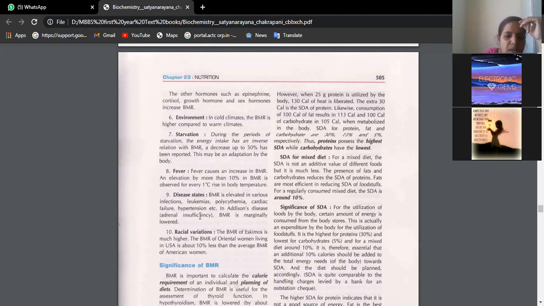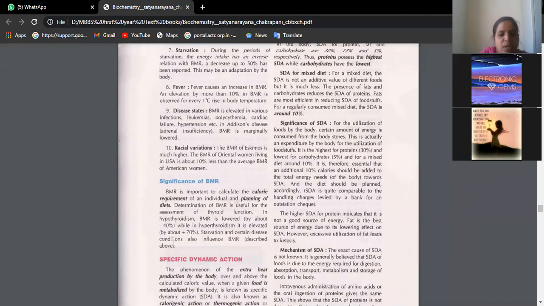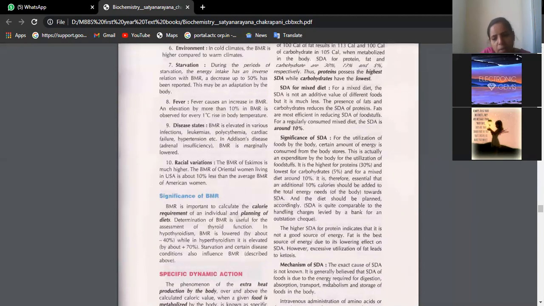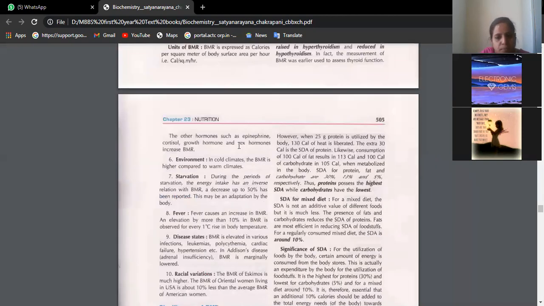Disease states: usually it will be high in many diseases wherever heat production is more, whereas in Addison's disease you will see it is marginally lower. Racial variations: Eskimos are people who live in cold countries, Antarctica and all, so there you will see it will be much higher because they will be producing more heat to regulate body temperature. So overall, the basal energy production in order to maintain our metabolic activities is nothing but BMR. Just read it once, it's very important.